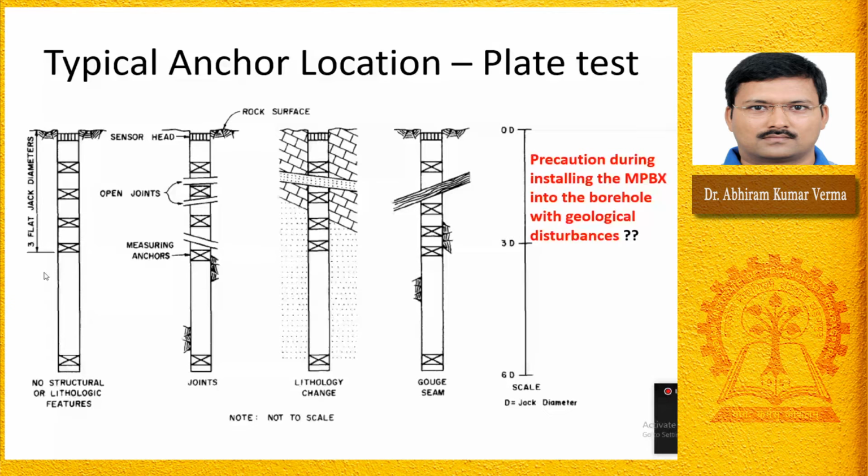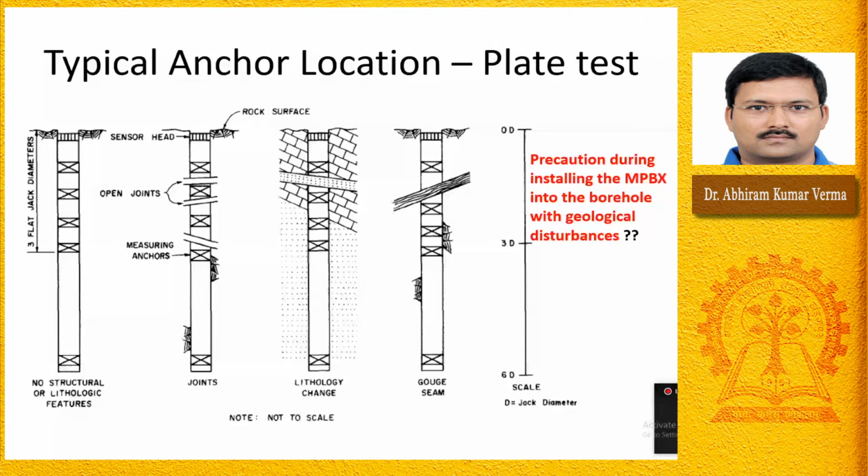Now, in this second figure, you will see that some joints may be present. So it is very important for us to know where the joints are within the hole. Sometimes we have to find out what joints are present in the borehole. Otherwise, the placement of your anchorage will give you a very false reading. So how can we find that? Either you can determine it by a very crude method of collecting the cores, and from there you can identify where the cracks are present.